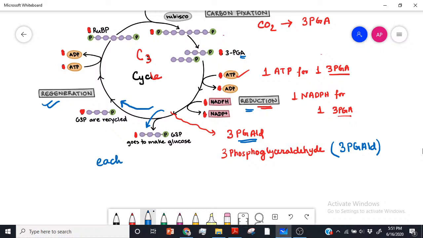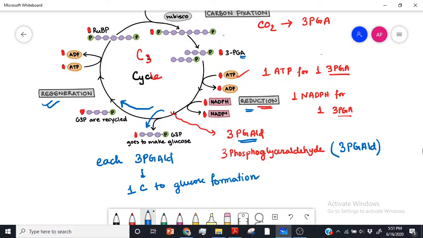Each 3-PGALD gives one carbon to glucose formation. And the other PGALD goes in regeneration process.